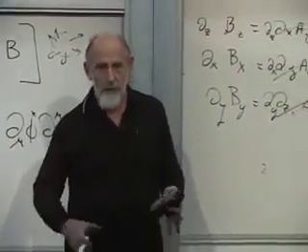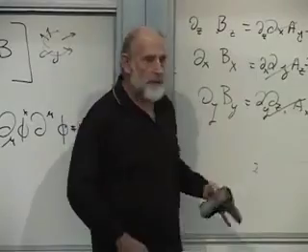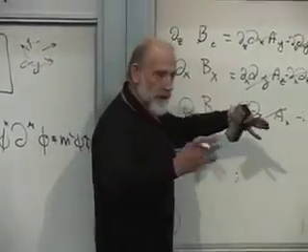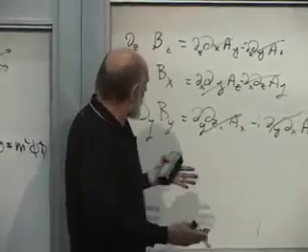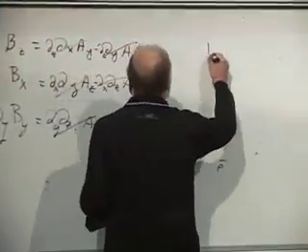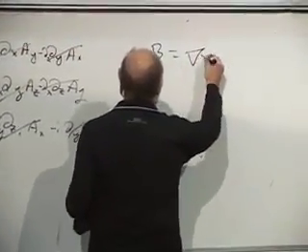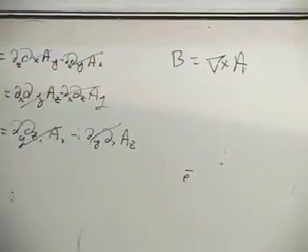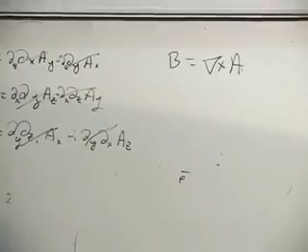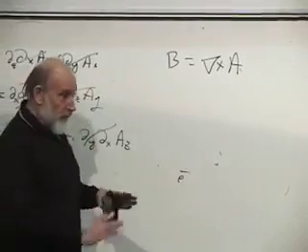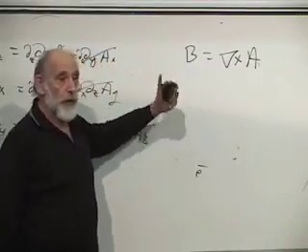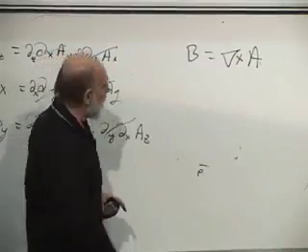It followed from the definition of B. The structure of B was such, by the definition, that B cannot be anything. Another way of saying it, incidentally, which some of you may recognize: B is equal to del cross A. B is the curl of A. No matter what A is, it's a rule that the divergence of a curl is equal to 0.